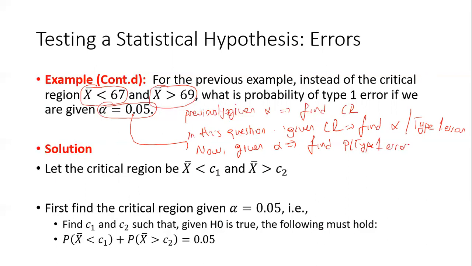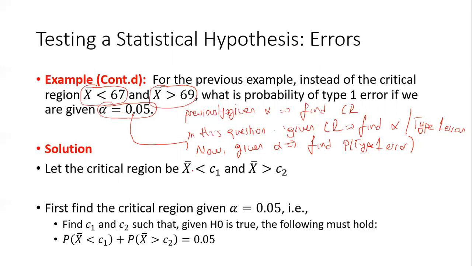Okay, now let's try to find this. My intuition is that the question gives you alpha and asks the probability of type 1 error, but by definition, alpha is the probability of type 1 error. So what I expect to see is the probability of type 1 error will be equal to 0.05 as well. Let's illustrate this.